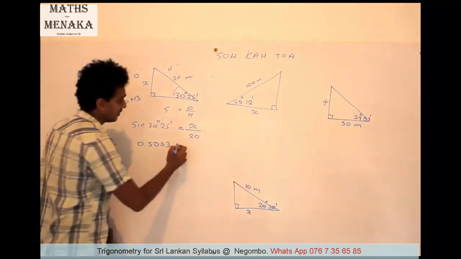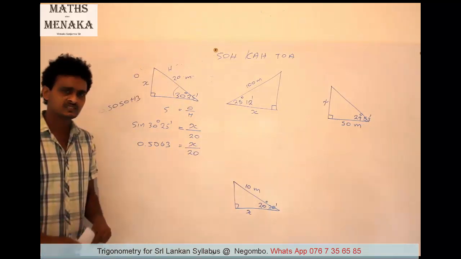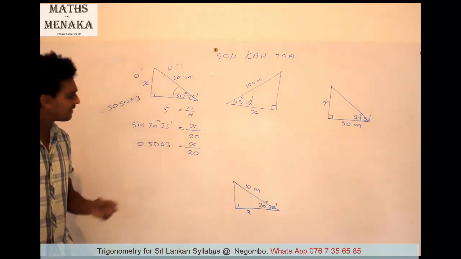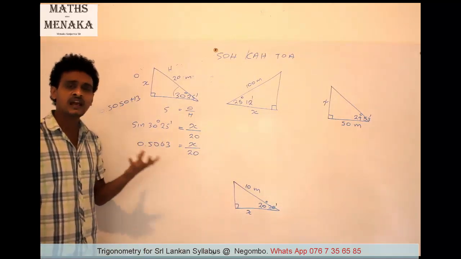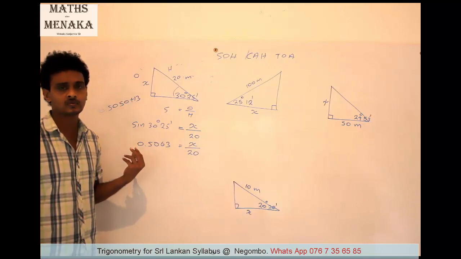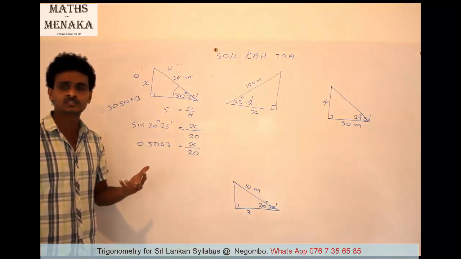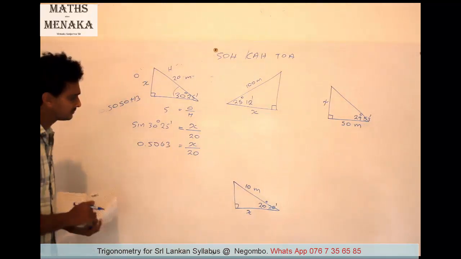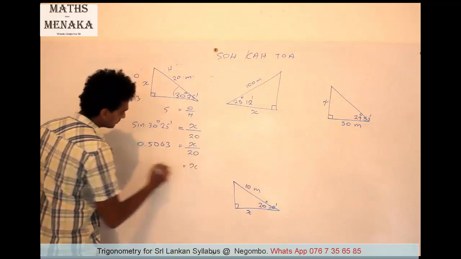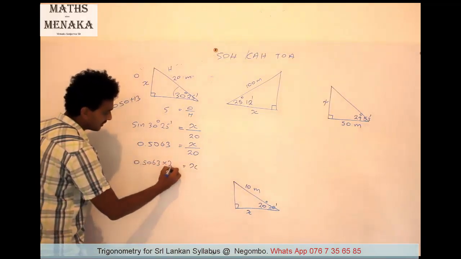Now what is the value of sine 30 degrees 25 minutes? 0.5063 equals x over 20. These days, in the last few years, they haven't given you to divide. Always they have given you to multiply. That's why I say that these days the trigonometry questions are getting easier. So you can just cross multiply and find the value of x. 0.5063 into 20.